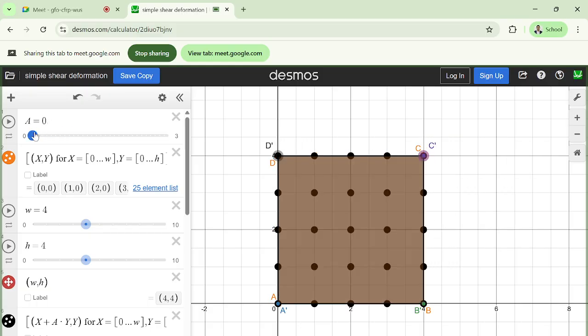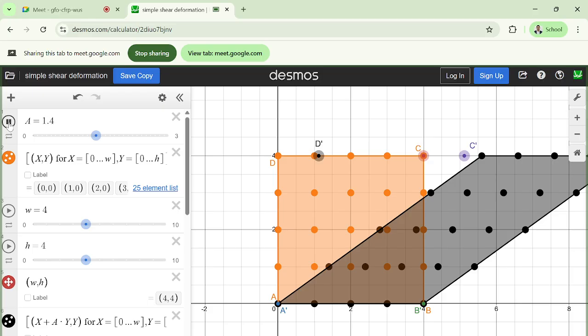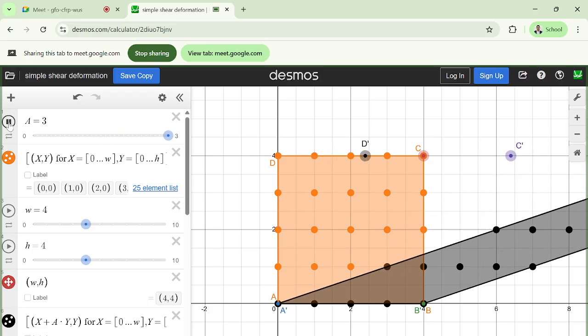So this is the initial reference configuration. This a here represents the time, t equal to 0, t equal to 1, t equal to 2. As time changes, it changes.